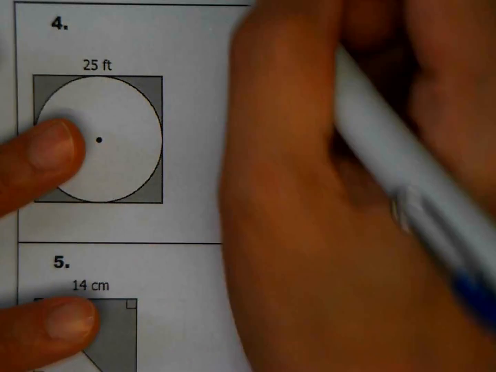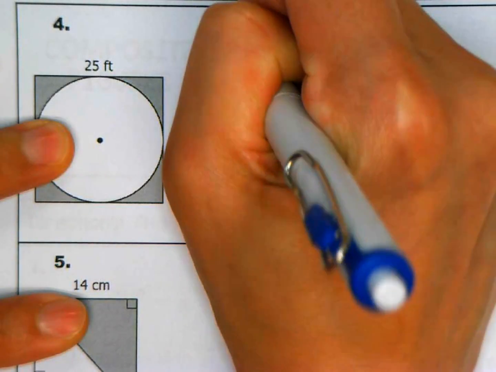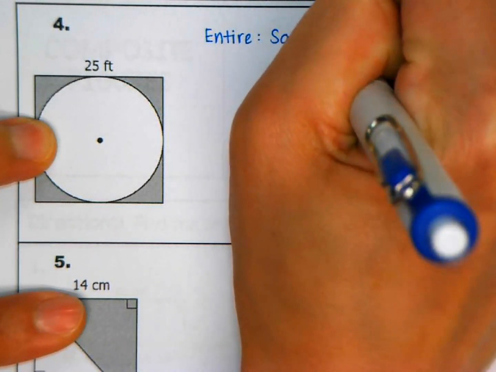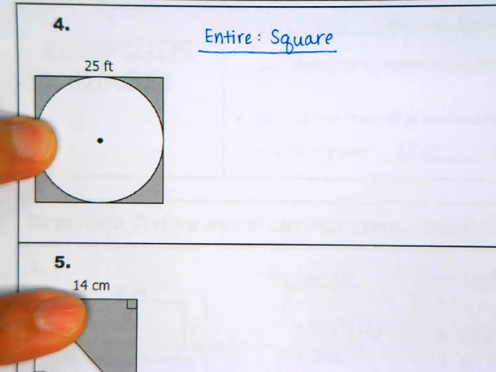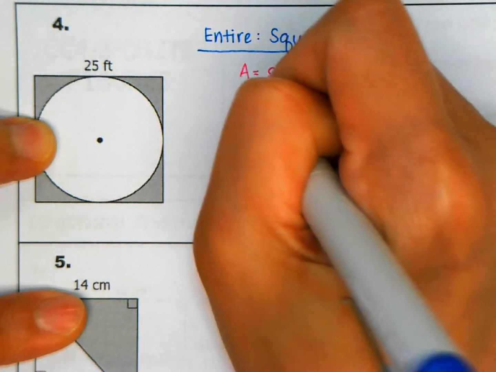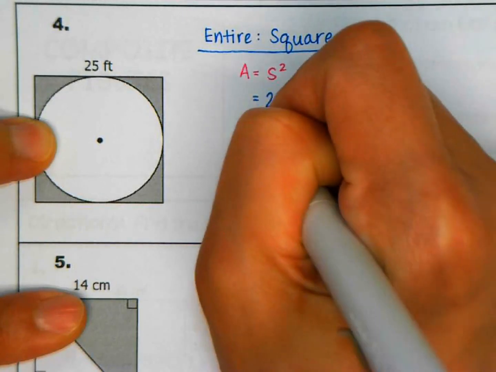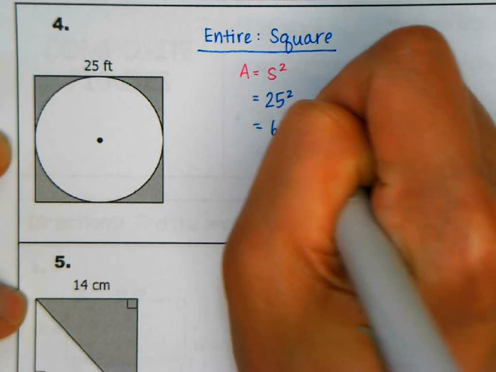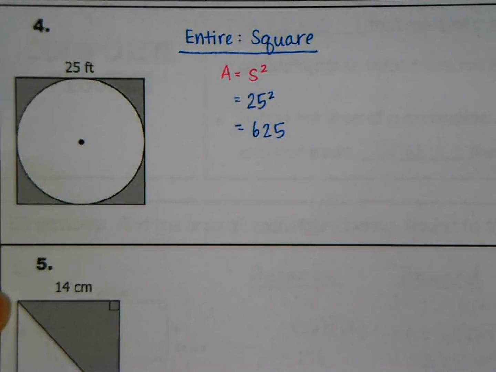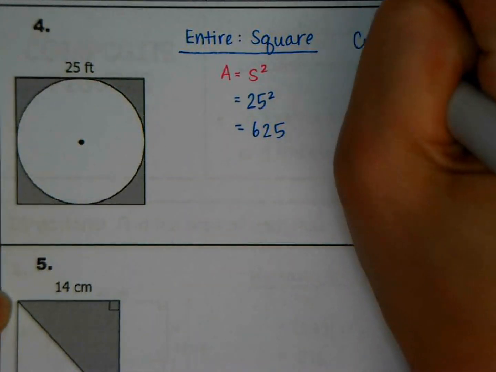So I always like to do the entire shape first, which is a square. Area, side squared, so we're going to be doing 25 squared, which is 625. Now the shape that we're cutting out, I call it the cutout, is a circle.